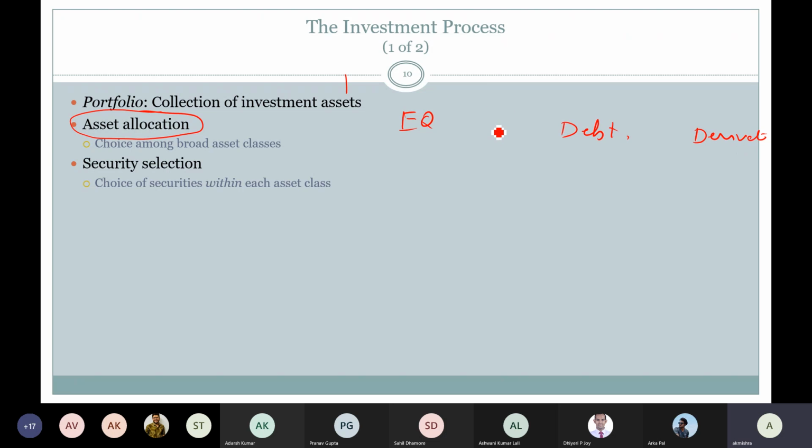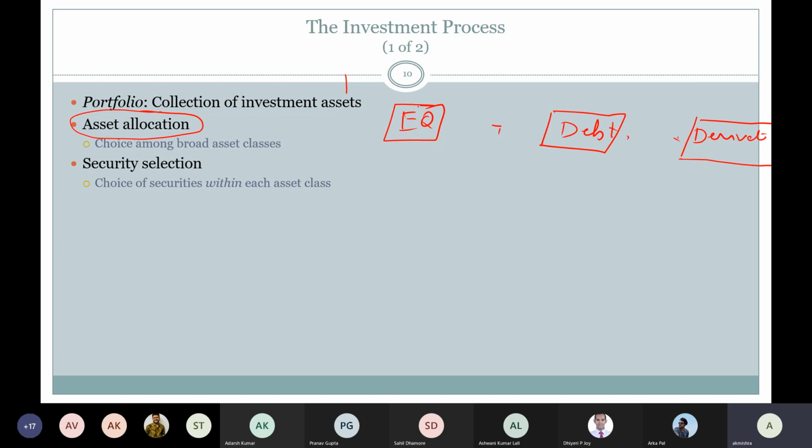So these classes we have in the market. So the first step is to identify the asset allocation, where exactly you want to invest.